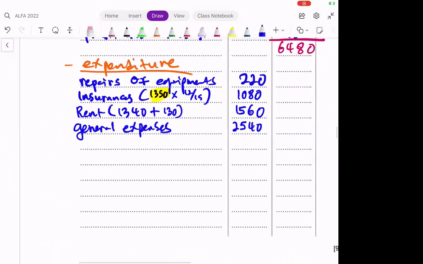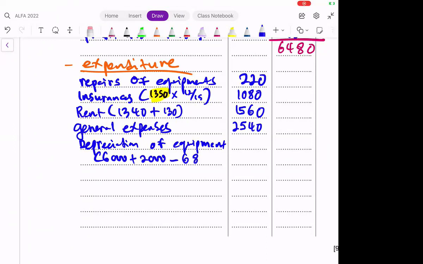So we calculate the depreciation of equipment. How do you calculate depreciation of equipment? You take the opening 6,000 plus you buy 2,000 minus the closing 6,800. So the difference that you get, that's your depreciation. The question won't tell you. You as an accounting student should know this.